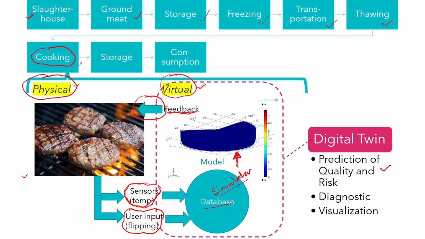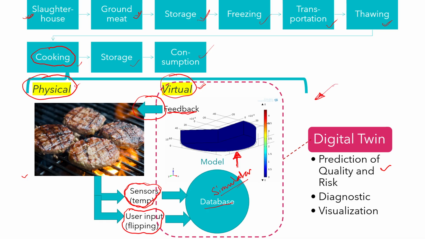And then after cooking, you store, and there again some processes can happen, and then consumption, where how you're handling things can also make a difference. So the point is, for all of these steps, we can build models like the way we're talking about here for just cooking.